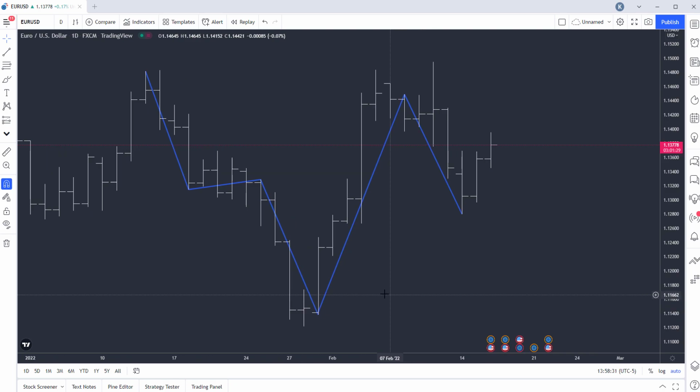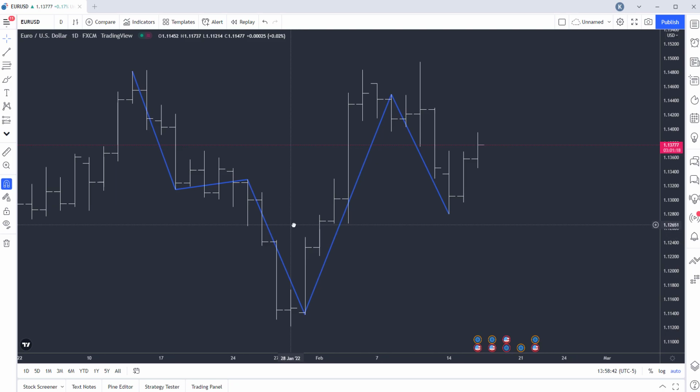Many of you might say that this is past data that you are talking about, but it is also important that I give you the proper information.